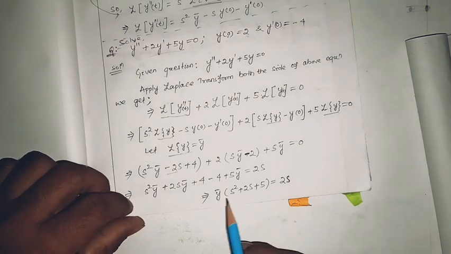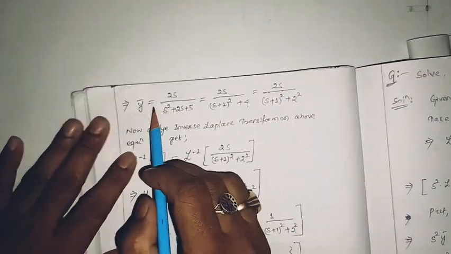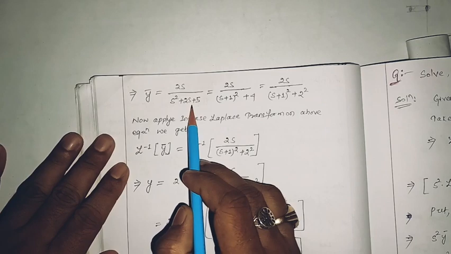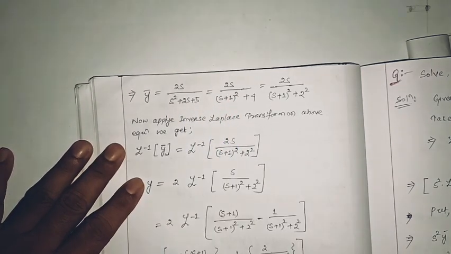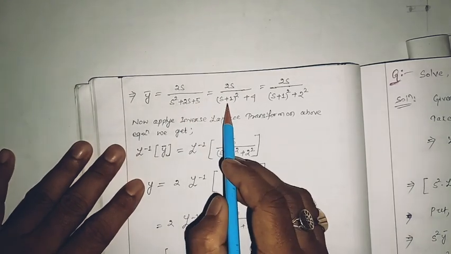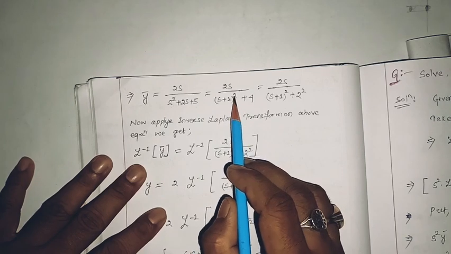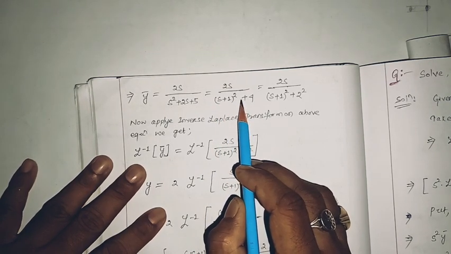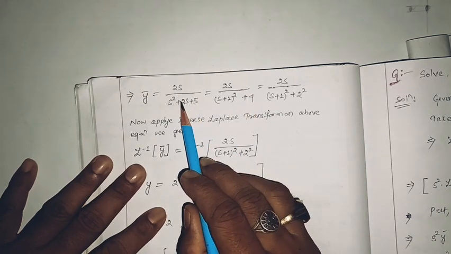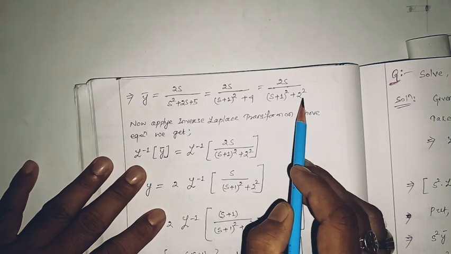So that implies y bar equals 2s by this much: y bar equals 2s by s square plus 2s plus 5, which can be written as 2s by (s plus 1) whole square plus 4, since (s plus 1) whole square means s square plus 2s plus 1, and with 4 we get 5 and 2s. 4 can be written as 2 square.